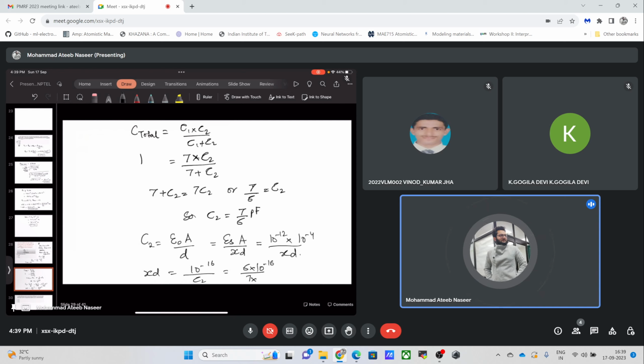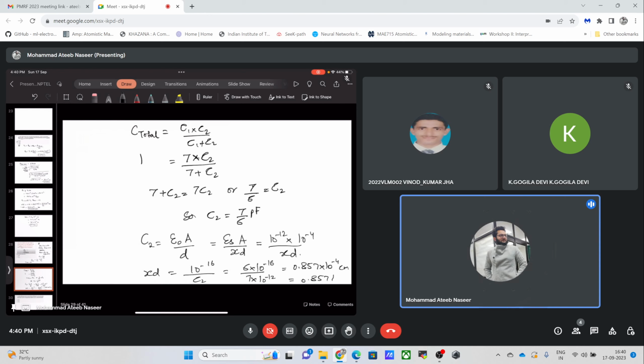Pico means 10 to the power of minus 12. So it means 10 to the power of minus 4 times 6 by 7. So 6 divided by 7 is 0.857, so 0.857 into 10 to the power of minus 4.